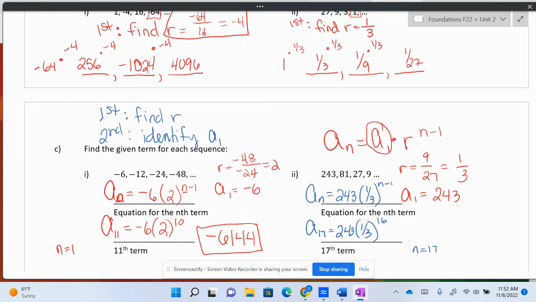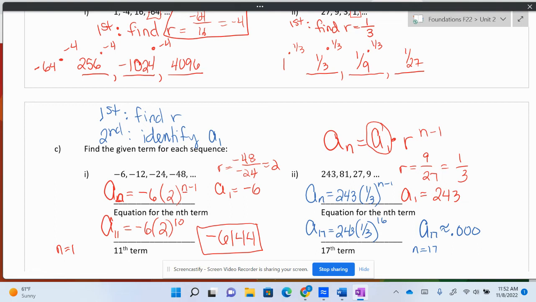So here's what I would do in my calculator. I would take 1/3 to the power of 16 first. So parenthesis 1 divided by 3, close your parenthesis, raise it to the 16th power, and then multiply that by the 243. Yeah, it's crazy. How many zeros are there? Aren't there like 5 zeros before you even get any numbers?